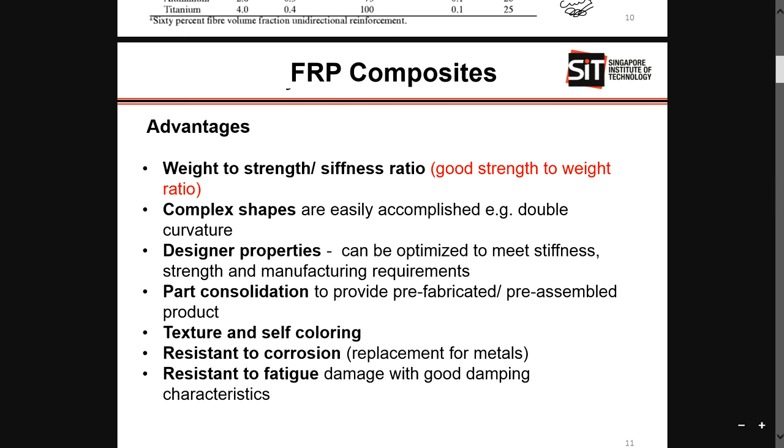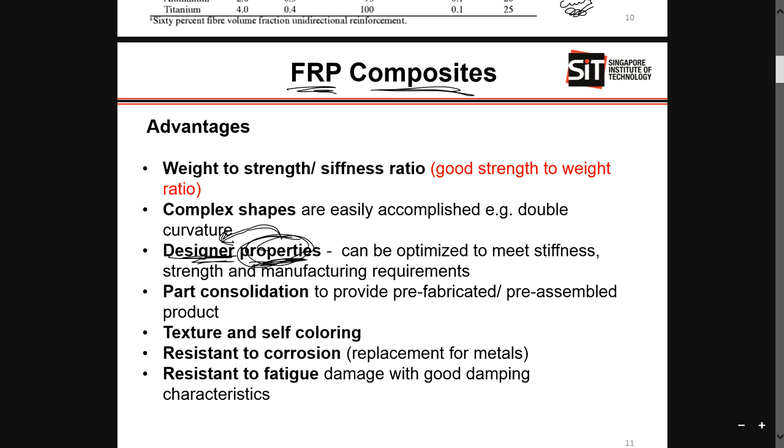So let's talk about the fiber reinforced plastic composites. You can read it yourself, but the designer properties means that your properties are based on your designer. If you want certain properties, you design your own properties. So it's very custom made, and it's very good in this manner.